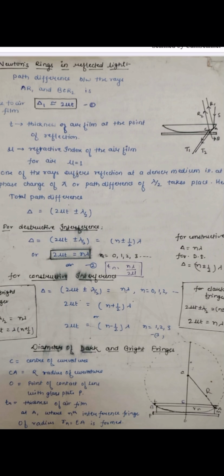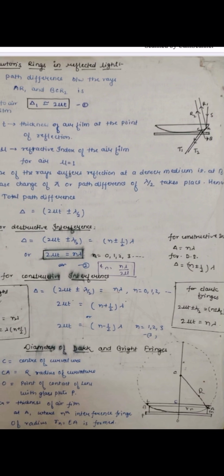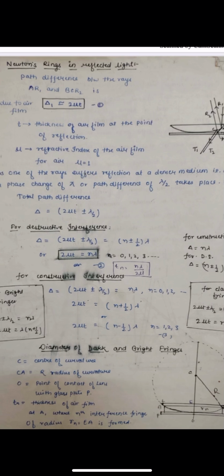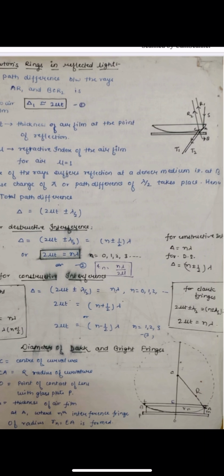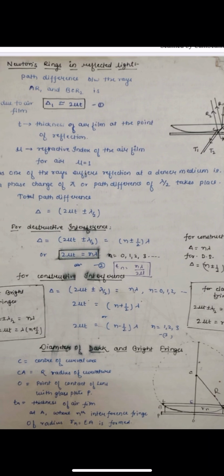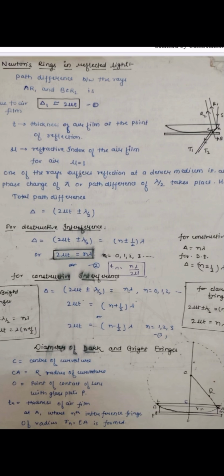At the point A, the nth interference fringe of radius rn is formed. What is capital R? Capital R is the radius of curvature of the plano-convex lens. What is C? C is the center of curvature. What is O? O is the point of contact of the lens with glass plate P. tn is the thickness of the air film at point A.